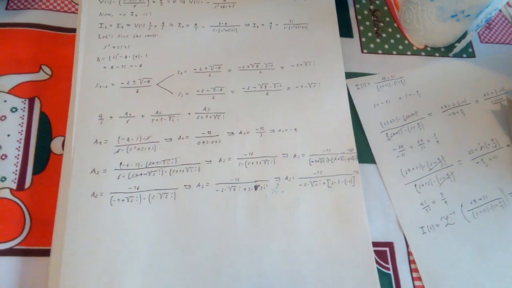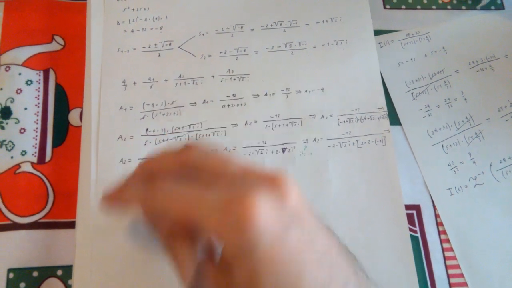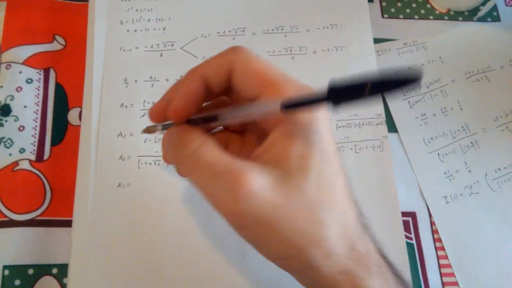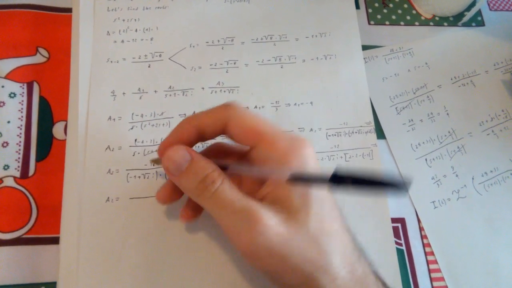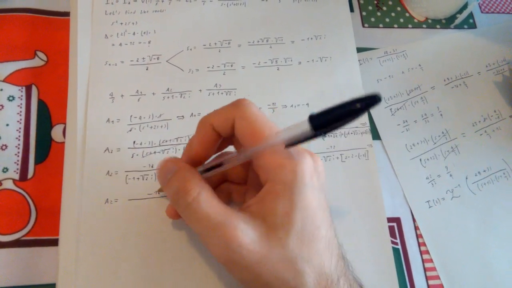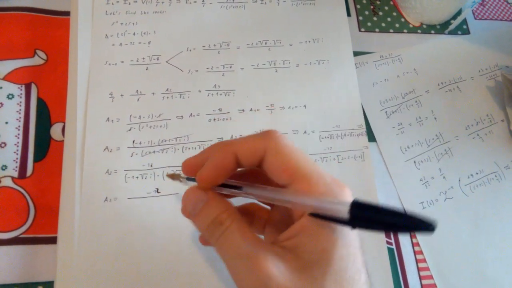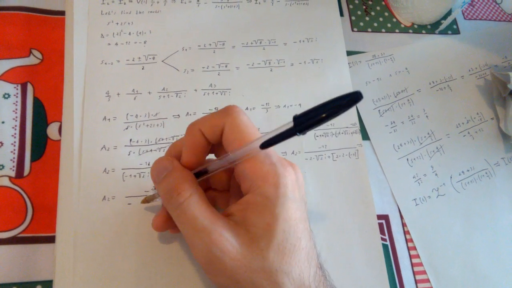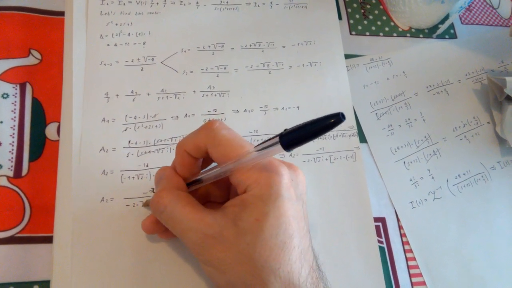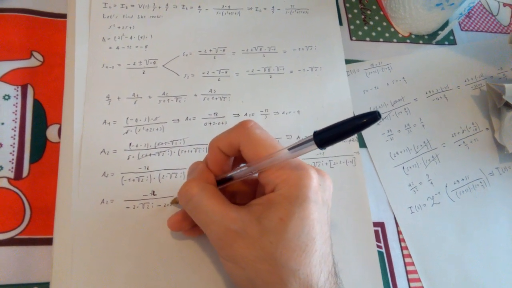There we go. So a2, will we ever find a2? Yeah, we will. So bear with me. -12, can I write it 12? Okay, so over -2 times square root of 2i minus 2 times 2.